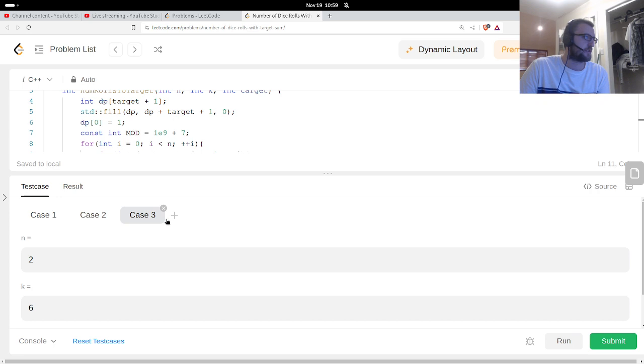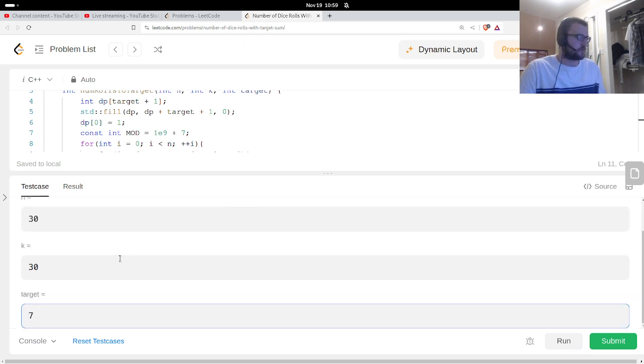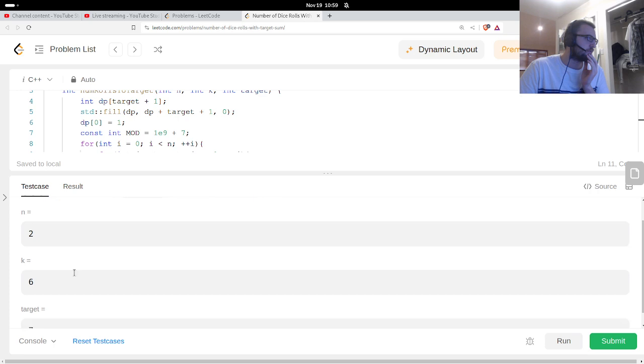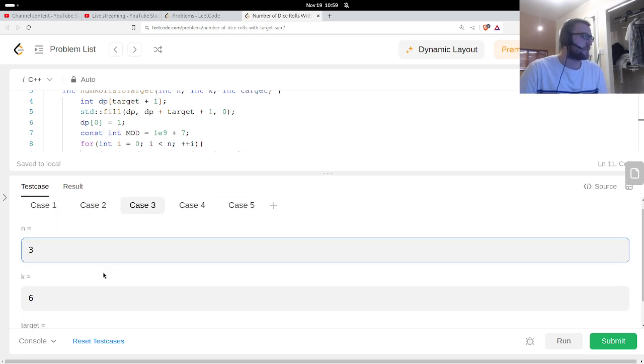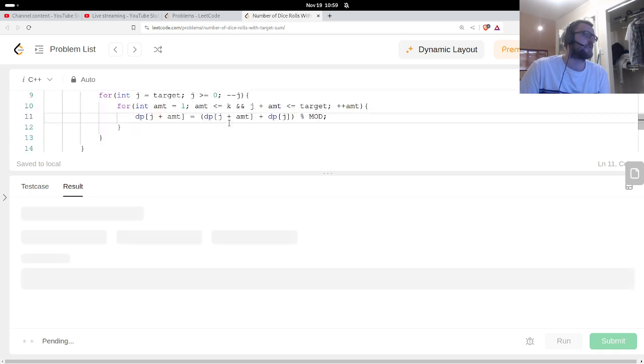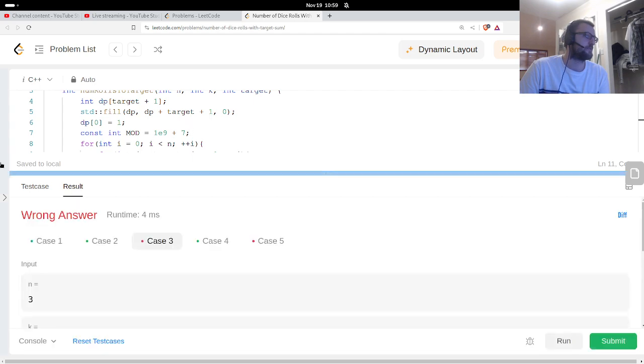We'll come back to that. This one, let's do 3. Just want to see with 3 dice if I get it right. I must have done something wrong, I don't know. Maybe the modulo is wrong. Pretty sure it's 1,000,000,007, right?